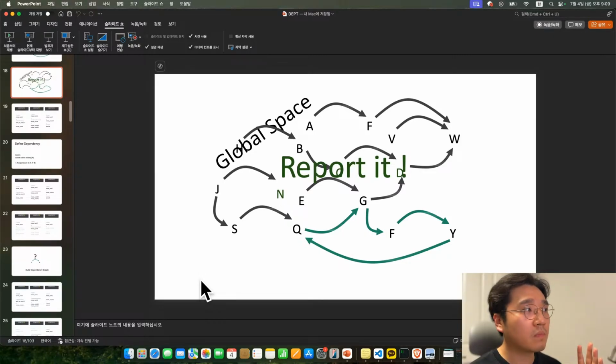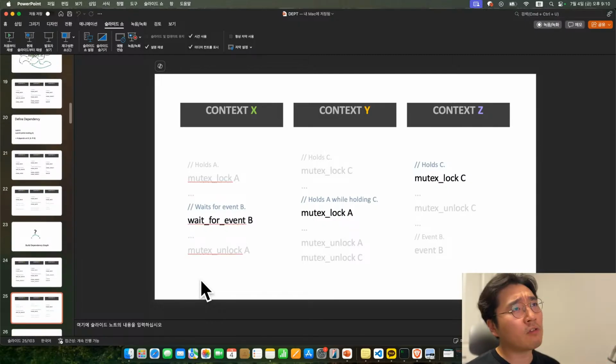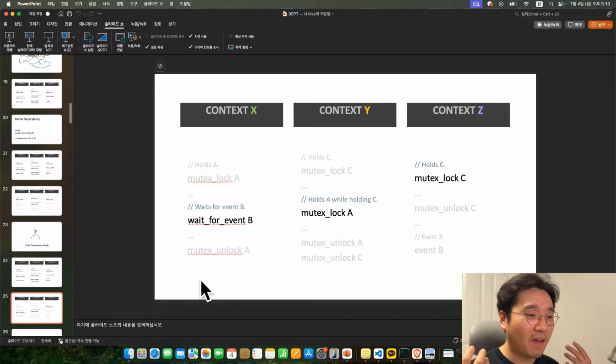So from the perspective of the global system, this is a simple example, but hard to understand. When I first saw this, I needed to think a few minutes.